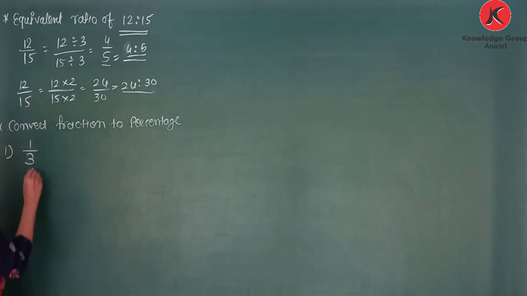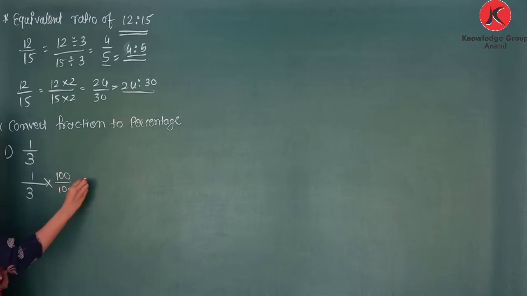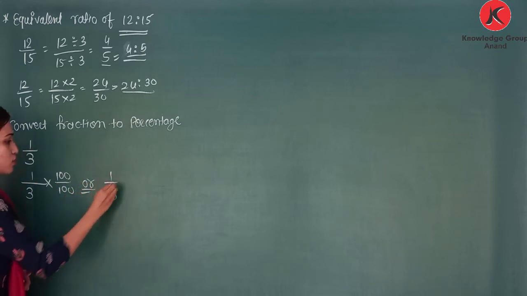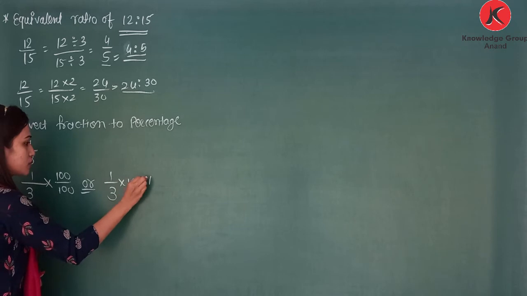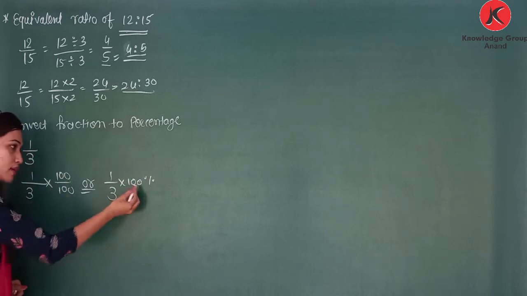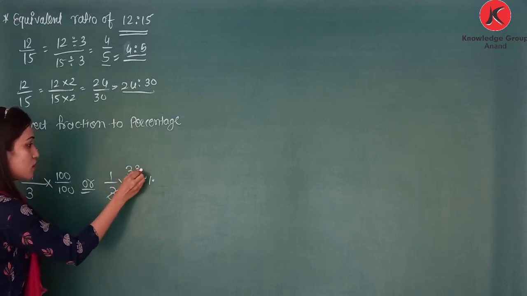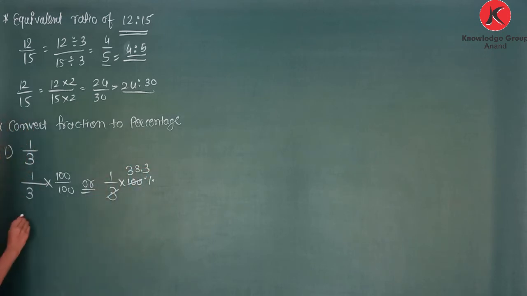So here the denominator is not 100, we need to make it 100. So you can write 1 by 3 multiplied by 100 divided by 100. Or you can directly write it as 1 by 3 multiplied by 100%. Now divide this. You will get 33.3. So your answer is 33.3%.